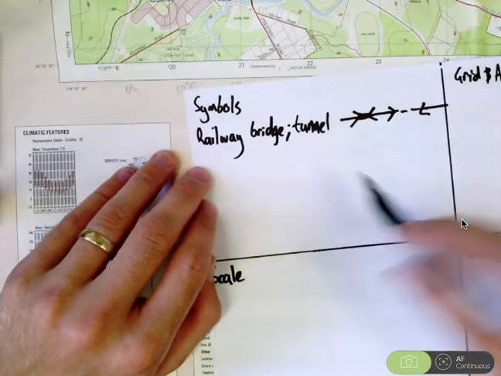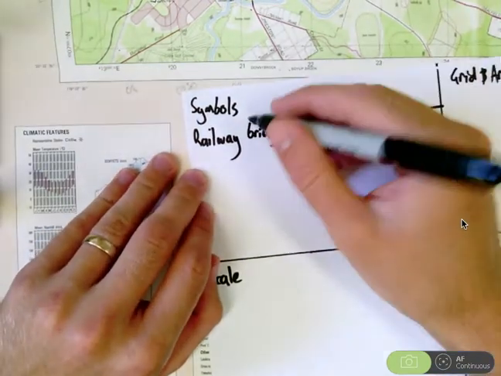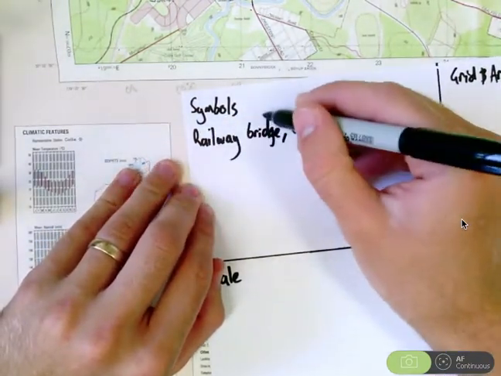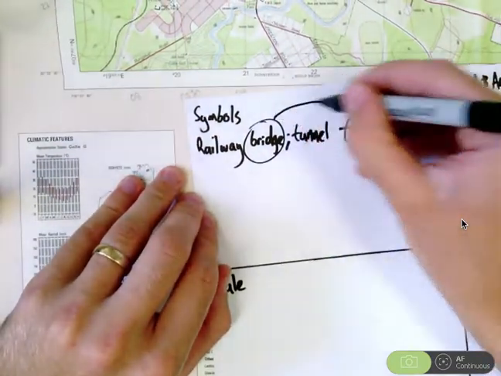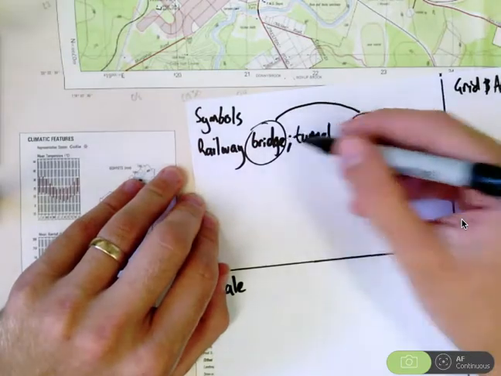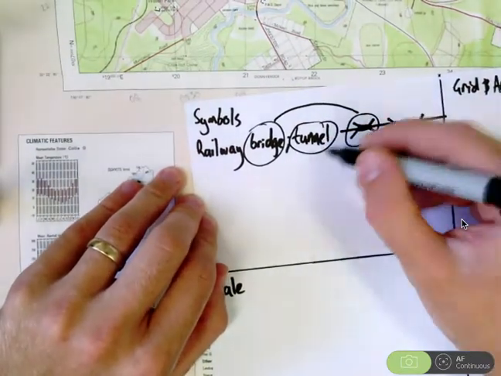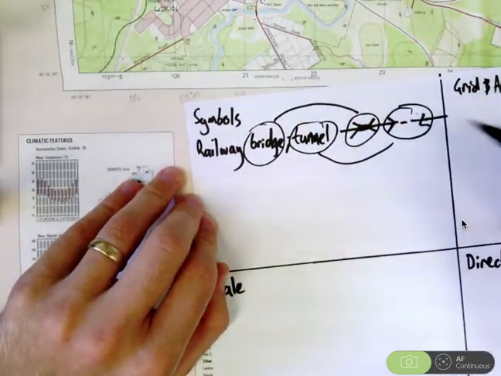So the first thing, if there's a semicolon, it's saying that railway bridge is referring to the first symbol here. The tunnel after the semicolon would be referring to the second one there.